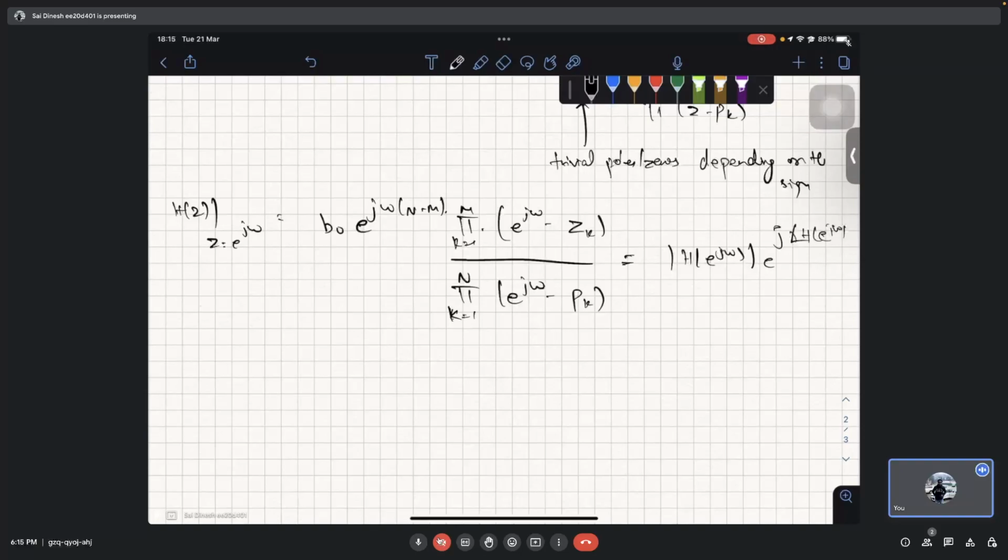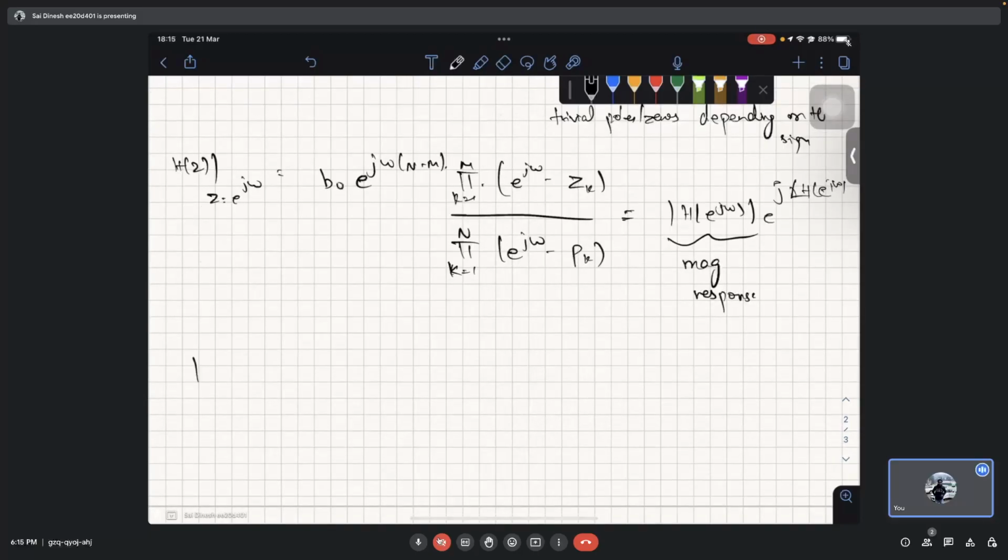So this is the magnitude response, right? So the magnitude of H(e^{jω}) is equal to mod b0 times, so the magnitude of this part is equal to 1, so that is omitted.